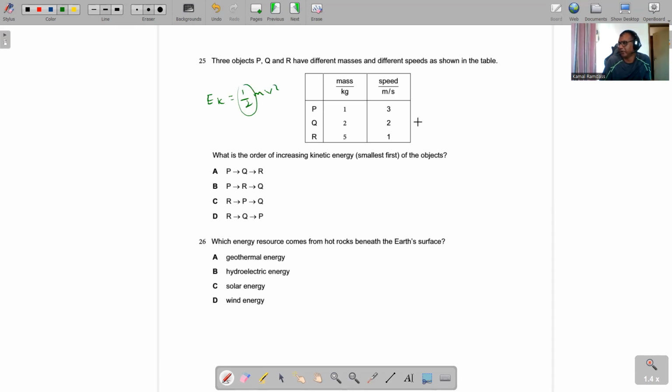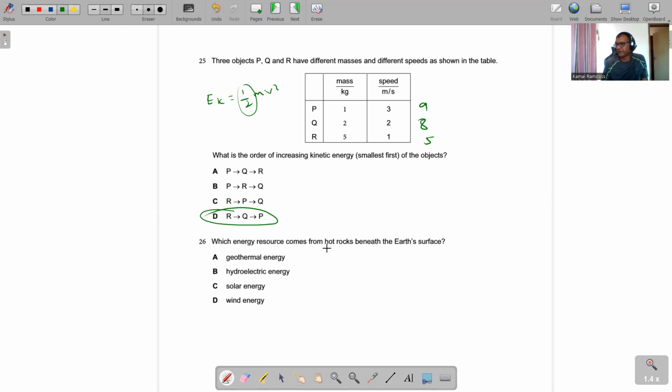Half, ça vous paraît pas tout. mv square, 9 ici. Ici, c'est m times v square, 2 fois 4 fait 8. Et ici, m times v square, 25. Ça veut dire increasing kinetic energy: R, Q, P. Oh, smallest first.